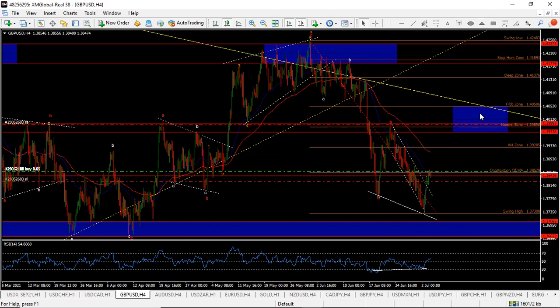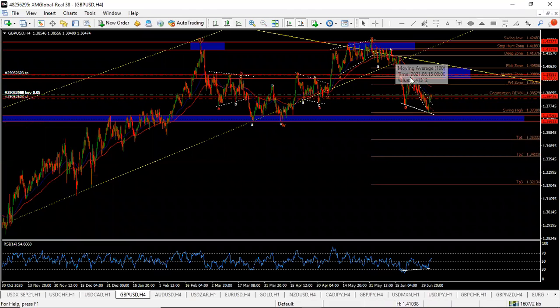Then we get a B. Now after getting B, we are expecting another move for C. So we are expecting something like this in the near future again. So we'll be expecting from that point to that target.